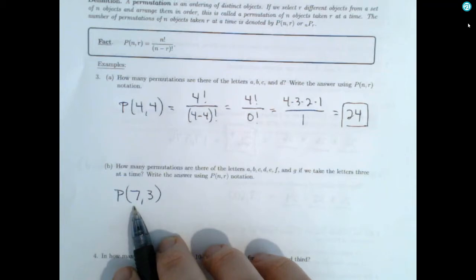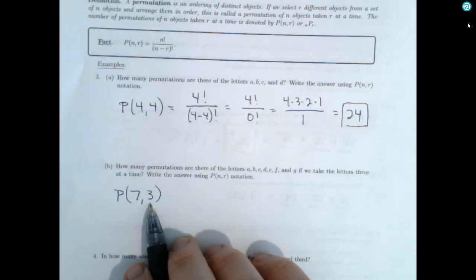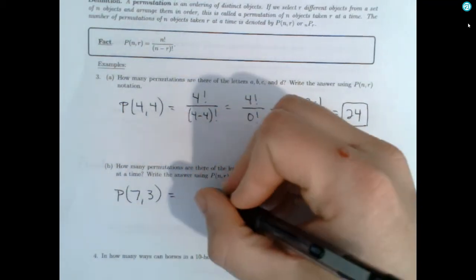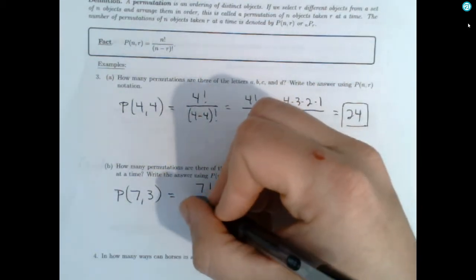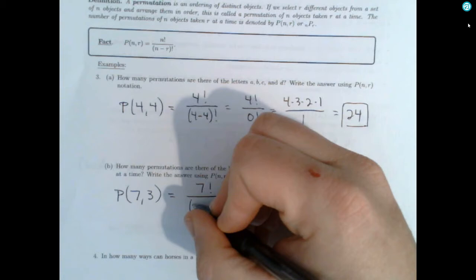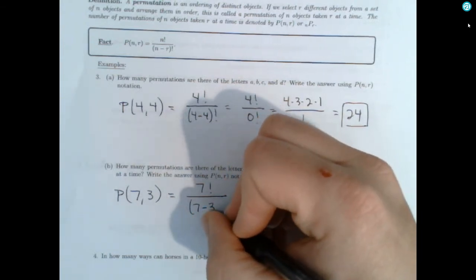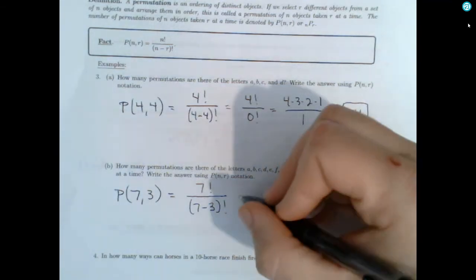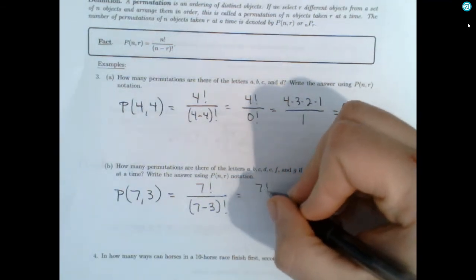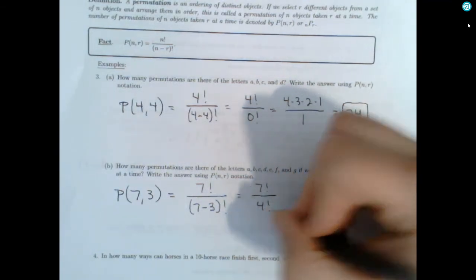So N is 7, R is 3. Right? So that's going to be N factorial divided by N minus R factorial. So 7 factorial divided by 7 minus 3 factorial. So that comes out to 7 factorial divided by 4 factorial.